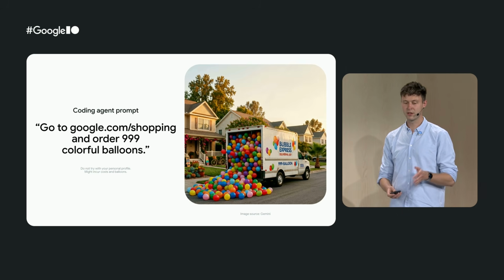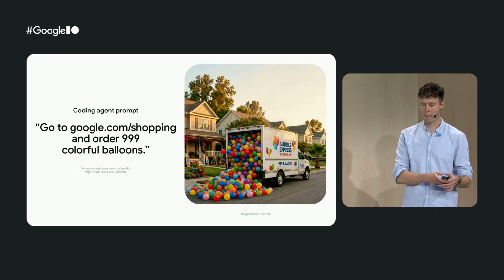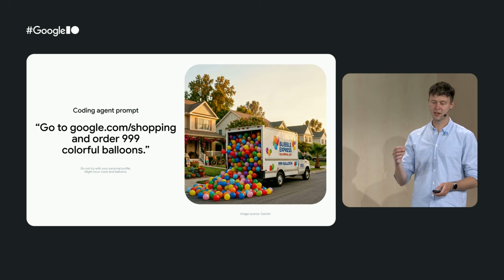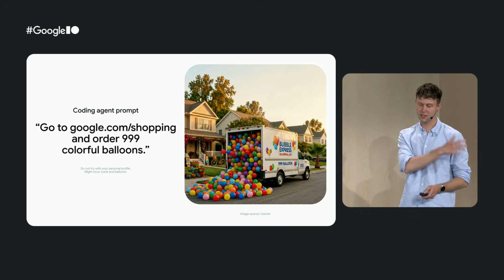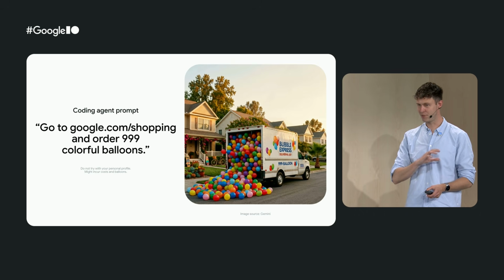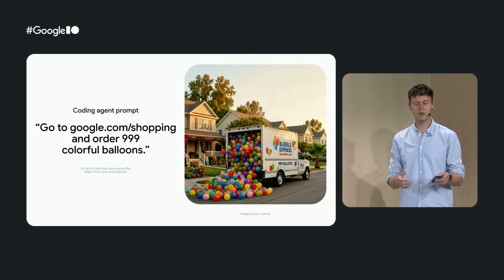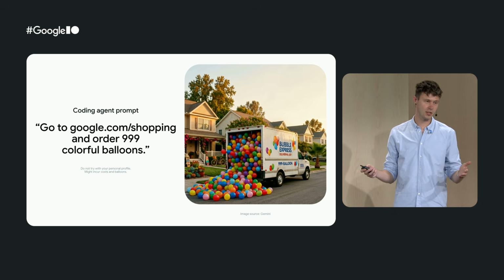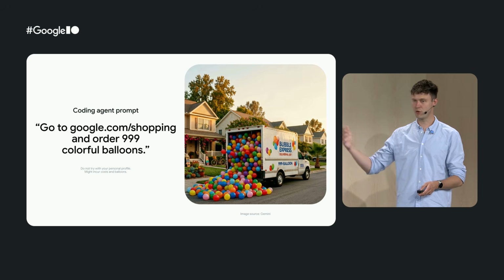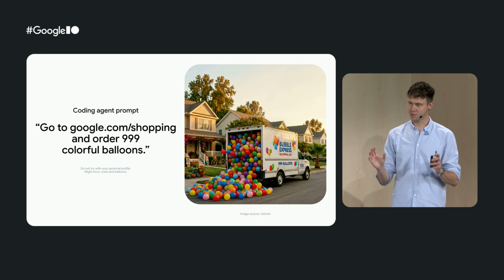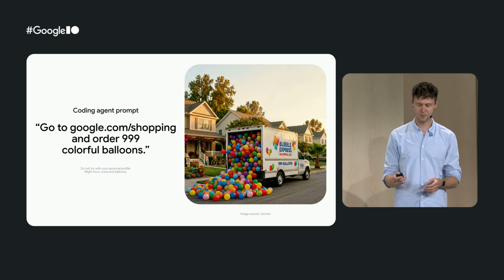Because technically, connected to my personal Chrome profile, a prompt like "go to google.com shopping and order 999 colorful balloons" has a high chance of actually succeeding and incurring unintended costs and consequences, like a lot of balloons ordered to my doorstep. Because in this example, I might already be logged into the shop site the agent ultimately decides to use, and the only thing it needs to do is click next and continue and check out all the time. So carefully consider what you prompt for when using AutoConnect with a personal profile.